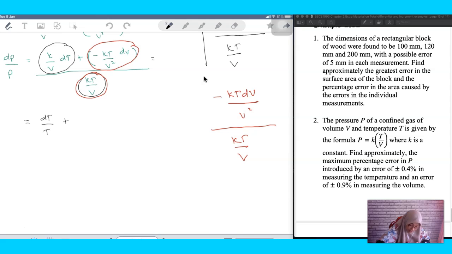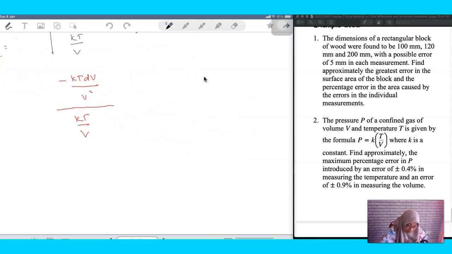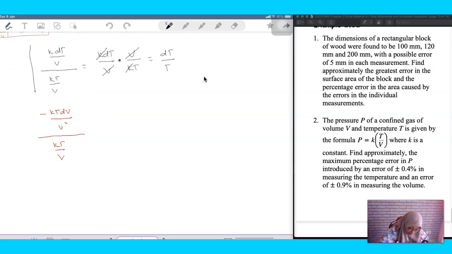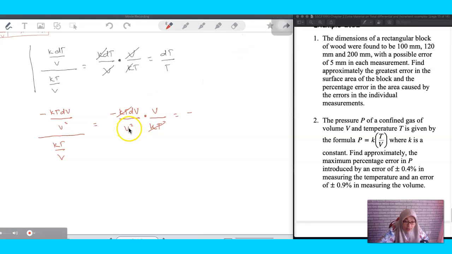Plus, now we go to the second term. So now we simplify the second term. Here you have minus kt dv over v squared multiplied by v over kt. So kt cancels out, and v can be simplified, it becomes 1 over v.